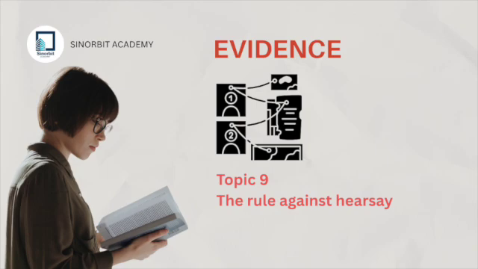Does S.126 add anything new? Yes. S.126(1) introduces a new statutory discretion specifically for hearsay. It allows the court to exclude an otherwise admissible hearsay statement if it's satisfied that the case for excluding it, taking account of the danger that admitting it would result in an undue waste of time, substantially outweighs the case for admitting it, considering the value of the evidence.